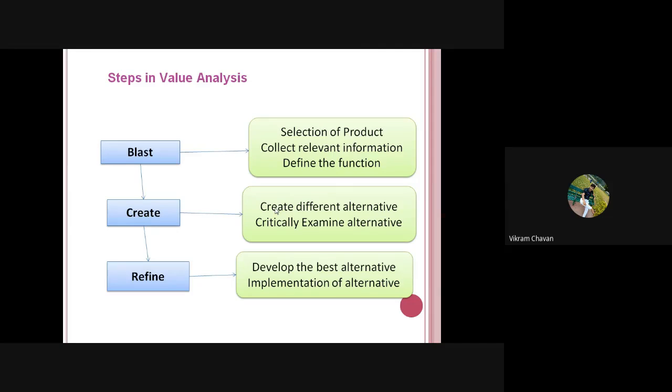Development means whether you are going to produce that alternative in your company, or buy it from another vendor. If you buy it, what will be the quality of that alternative, and what are the quality norms? If you produce it in your company, what will be the quality of the product?